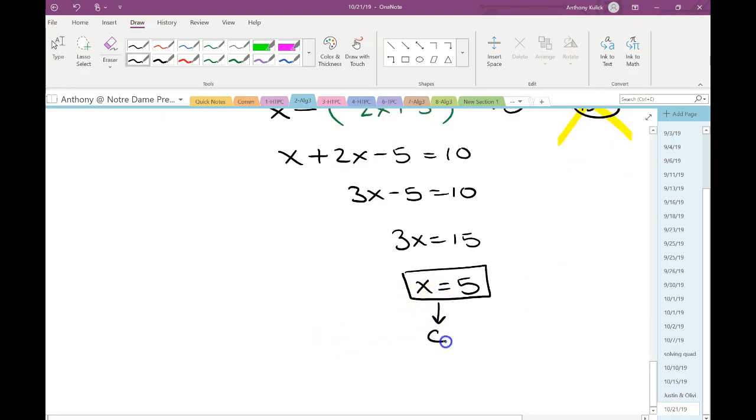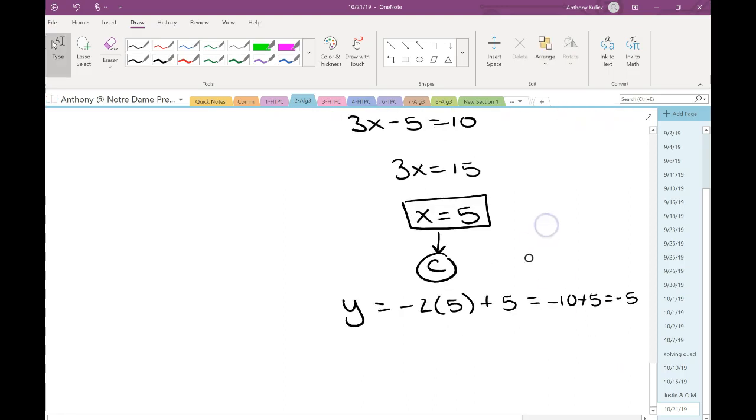So we're just going to plug that into C. So I get then y is negative 5.